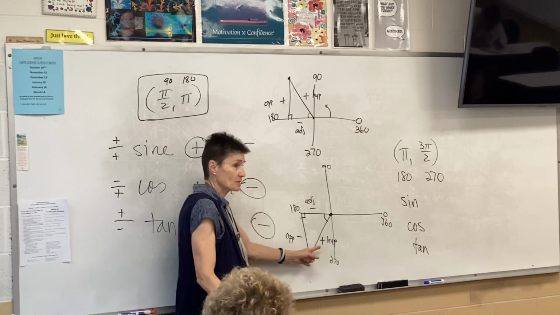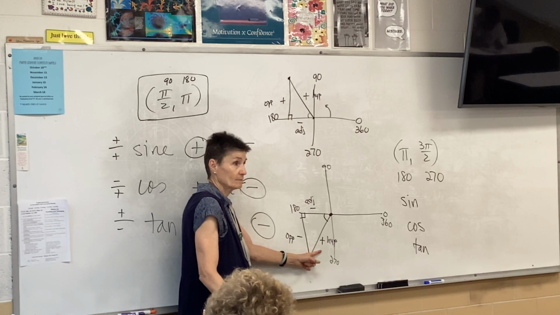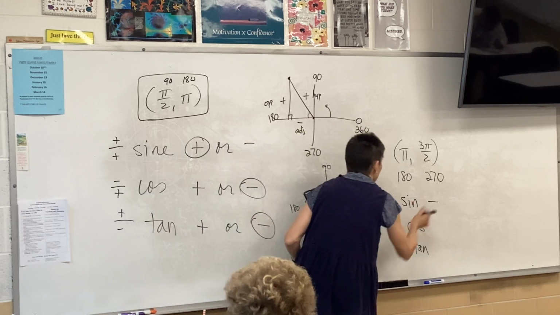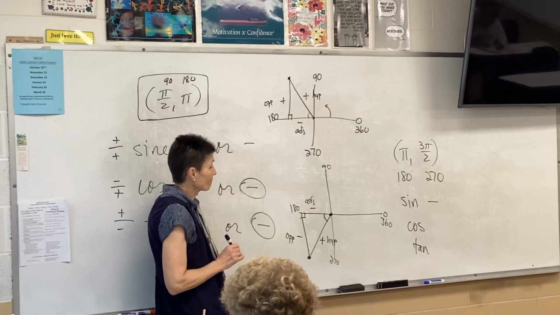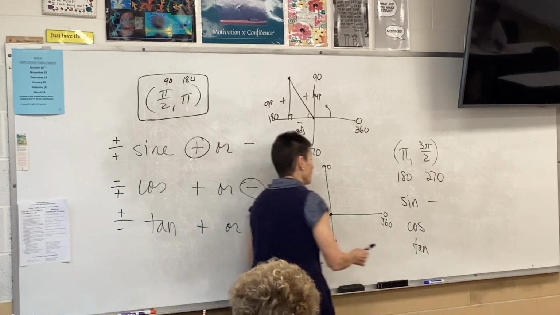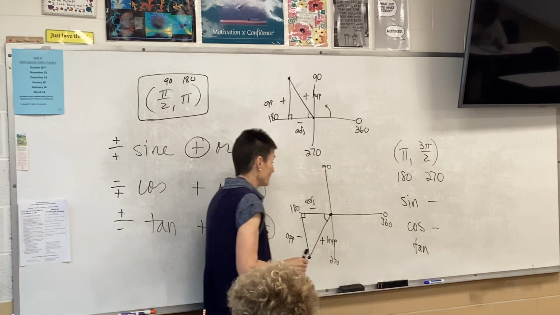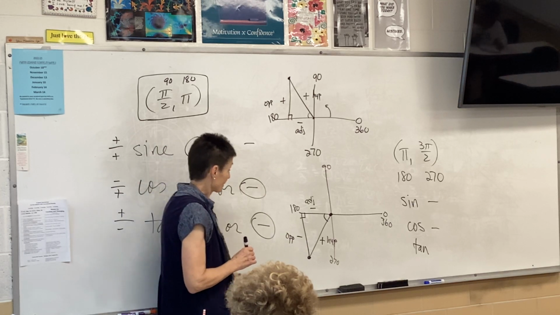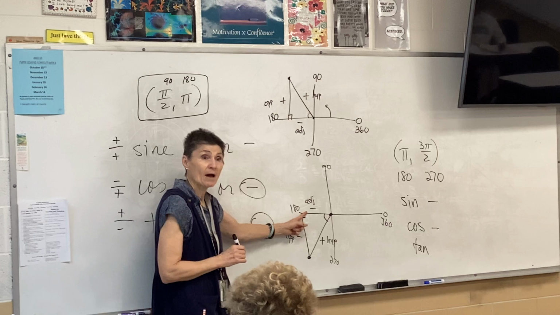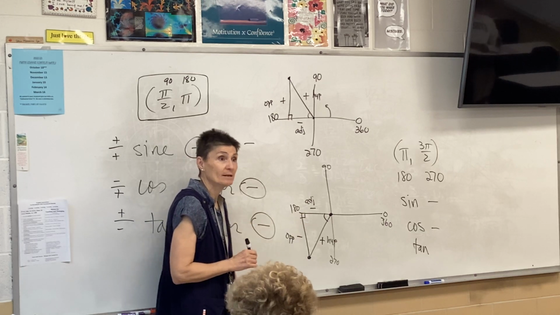What's going to happen? That's going to be negative. What about cosine? Adjacent over hypotenuse is also going to be negative. And what about tangent? Opposite over adjacent, that one's actually going to come out to be positive.